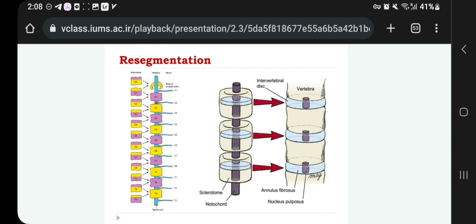And in the middle of them, you can see the notochord disappears between the vertebrae and just lives in the intervertebral disc here. And finally, the notochord differentiates to the nucleus pulposus, the core of the disc, and that's a jelly shape.